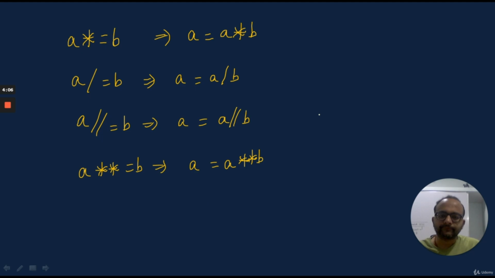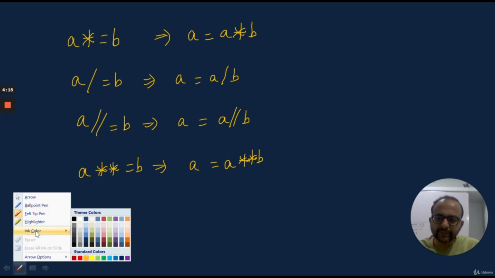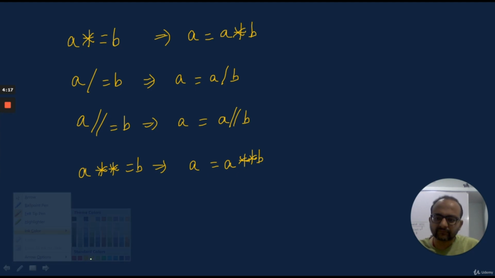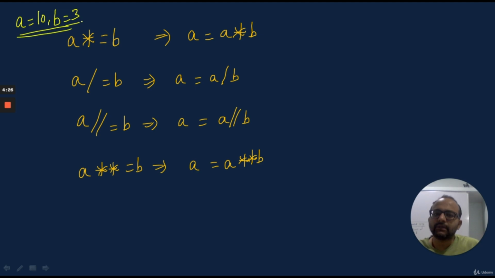So for example, we will consider the initial value of A is equal to 10 and the value of B is equal to 3. When we substitute here, A is equal to A into B, that is 10 into 3, and the value will become 30.